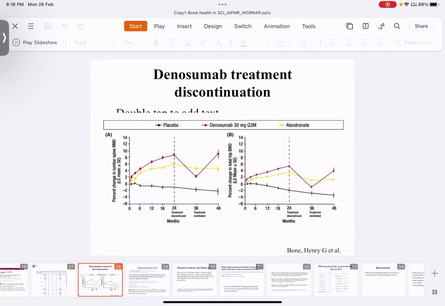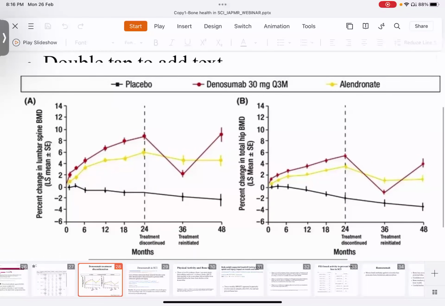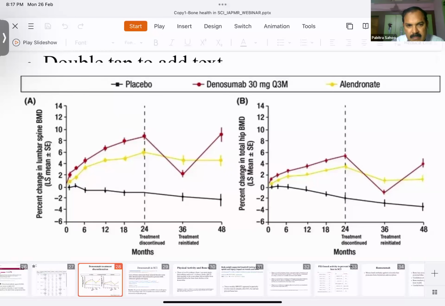Can you see my slides now? Yes, sir. So here the yellow line is the oral alendronate. Alendronate can maintain almost the bone mineral density even if you stop it at 24 months; your bone mineral density is not significantly reducing.